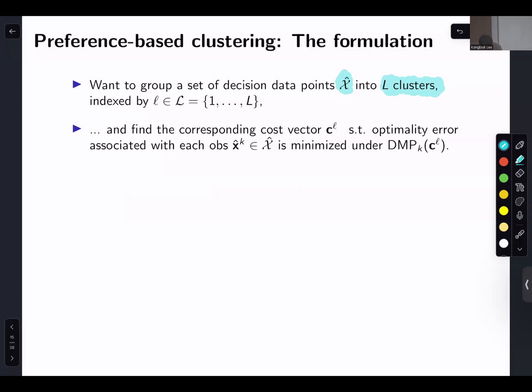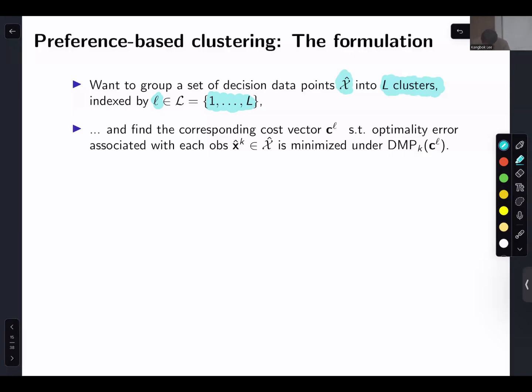Then there's going to be a cluster index l from 1 to L, and the goal is to find the corresponding cost vector c_l for each cluster, such that the optimality error associated with each observation is minimized under the original forward problem, or decision-making problem.